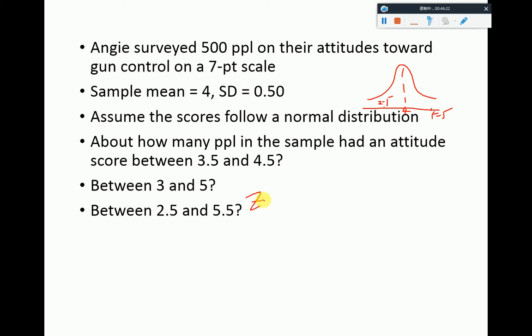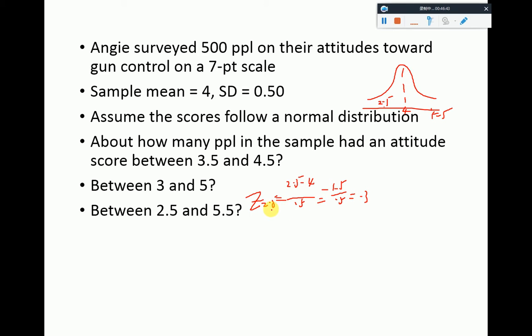So the z-score for 2.5 will be 2.5 minus 4, divided by 0.5. So here is negative 1.5 divided by 0.5. So that's negative 3.